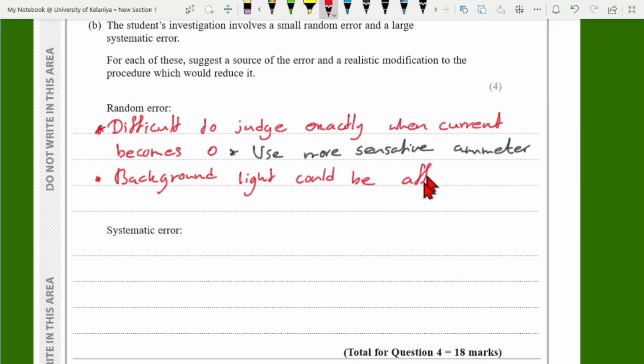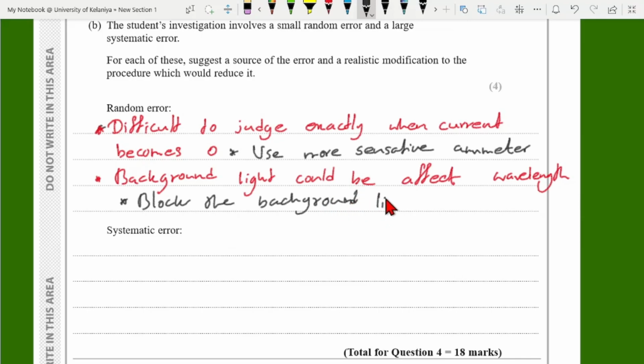So how can we modify this in a realistic way? We can block the background light, right? These are random errors.